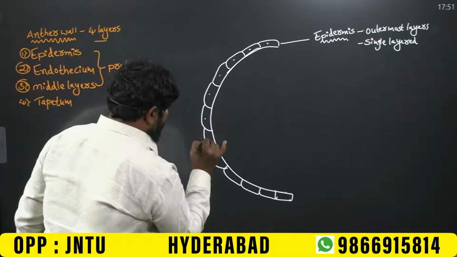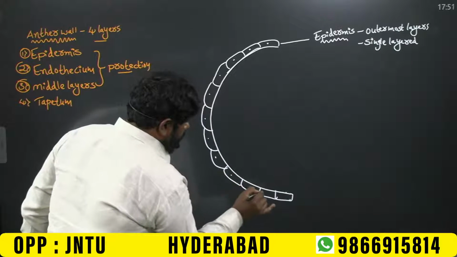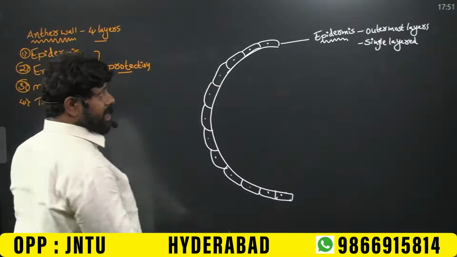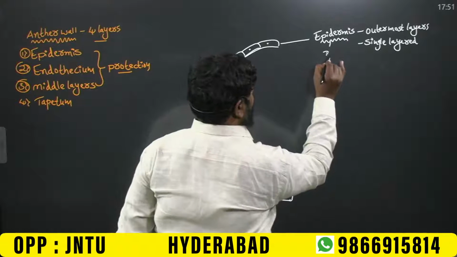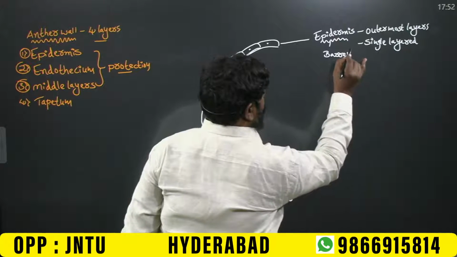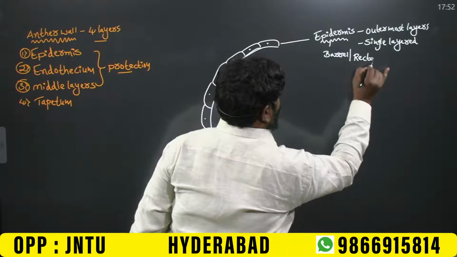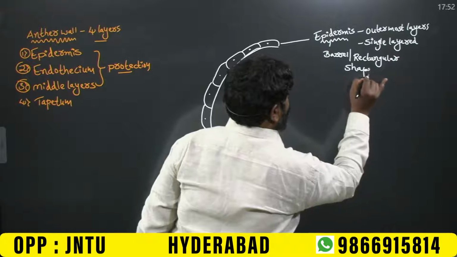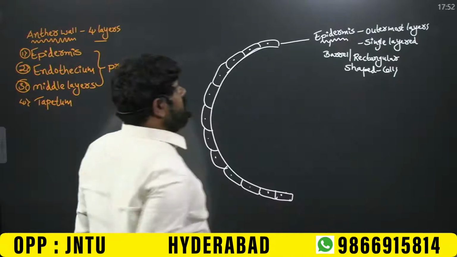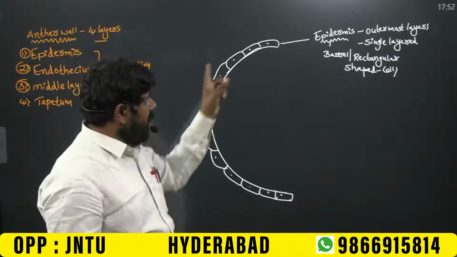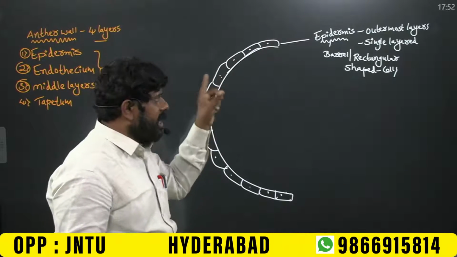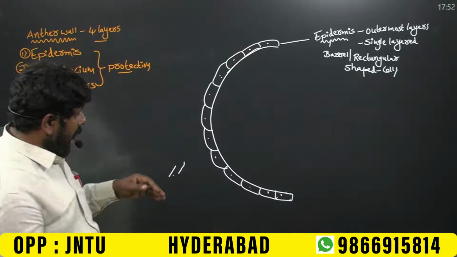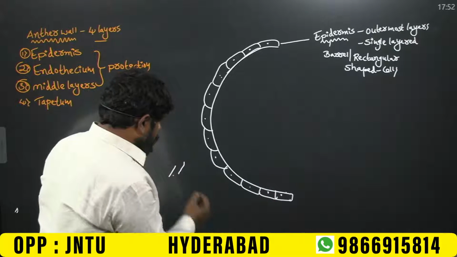The cells which are present in the epidermis are called epidermal cells. These epidermal cells are barrel shaped or rectangular shaped, and these cells are arranged very close to each other.